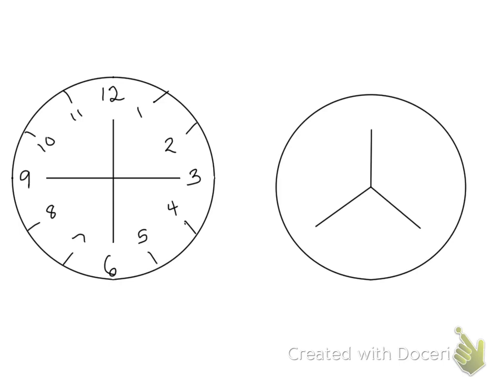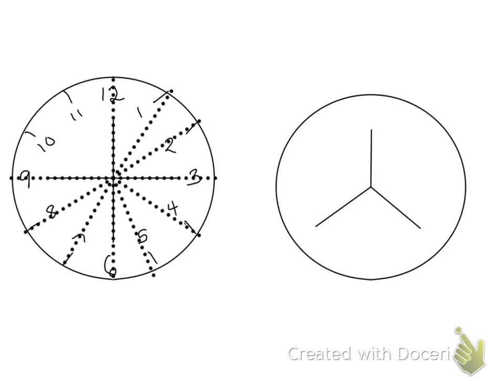If we connect the center to each of the numbers as we go around, there we go. How many pieces do we have? Well, we have 12 pieces. So each of these pieces is worth 1/12 of my whole.